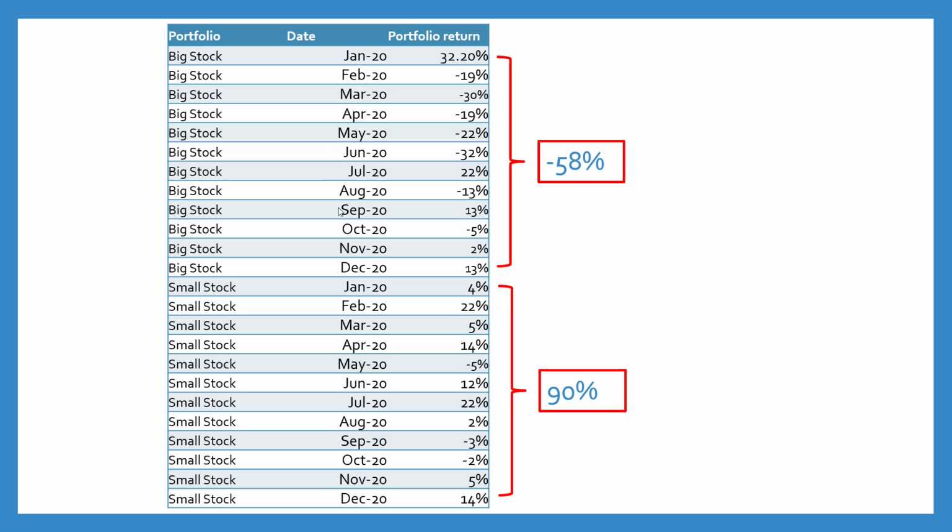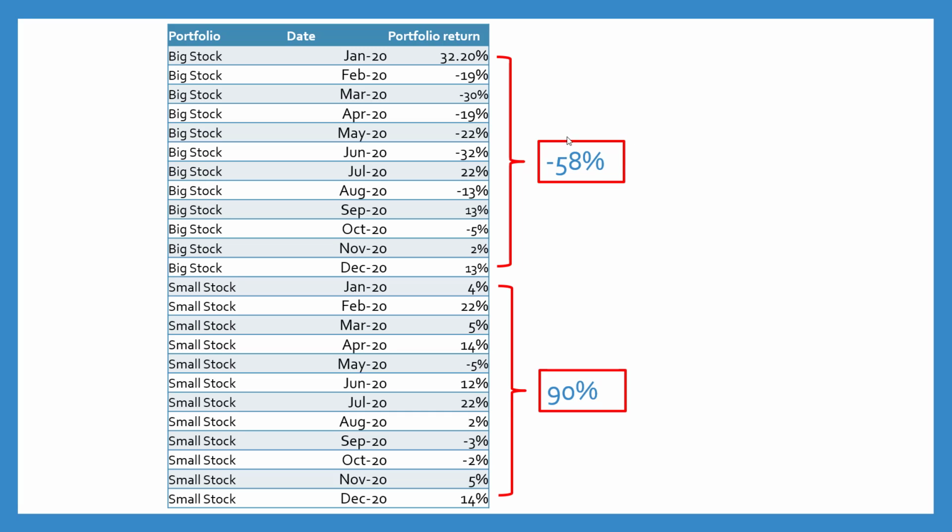So now we have the portfolio return for the big stocks and the small stocks. We can take the average of all these returns, and that gives us a single number.